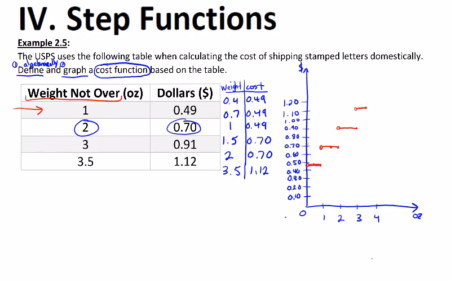Now for defining the cost function, I want to be able to define it algebraically. So I need a name. And in class we typically use F, G, H, and these are sufficient names. However, in this situation, I don't want to just do a generic F, G, or H for the function name. I want to do something a little more meaningful. At the end of section 1, there is an example, specifically example 1.20, where we talked about area and an area function.